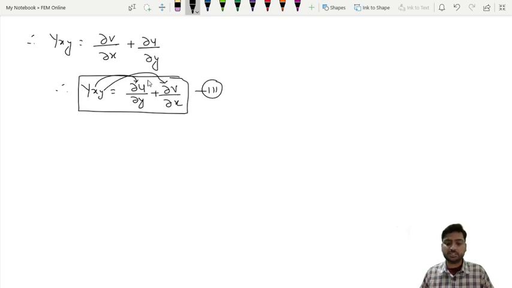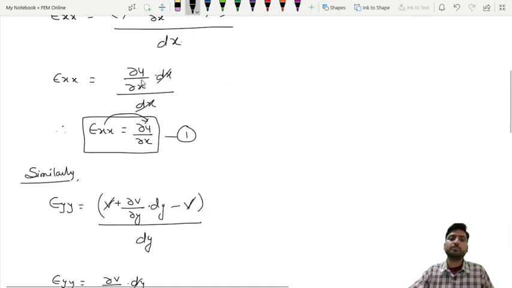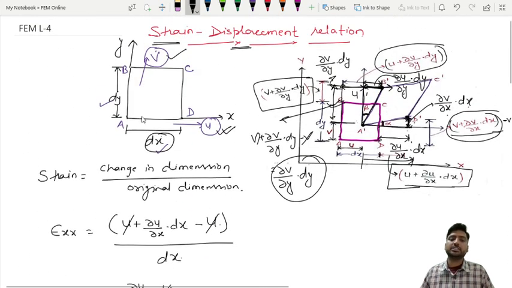So this is the relation between strain and displacement for a plane having the span of dx in x and dy in y direction, with displacement u in x direction and displacement v in y direction, and after applying a force, it has been tilted like this.